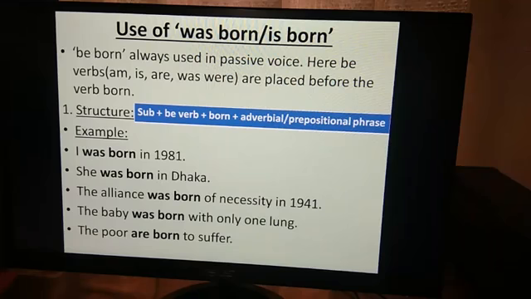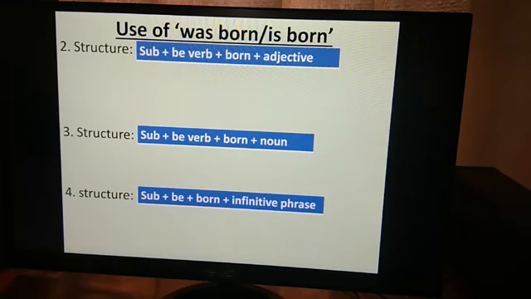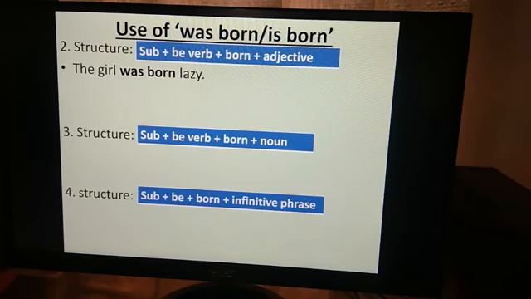Okay, dear students, let's go for our next phrase. Use of was born, is born. Another structure: subject plus be verb plus born, then we can add an adjective. Here comes the example. Lazy is an adjective.